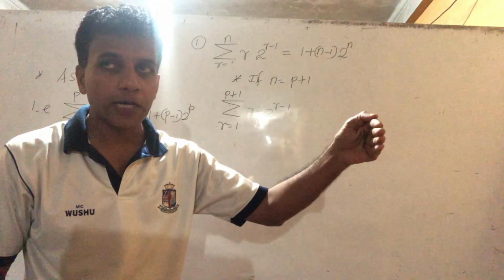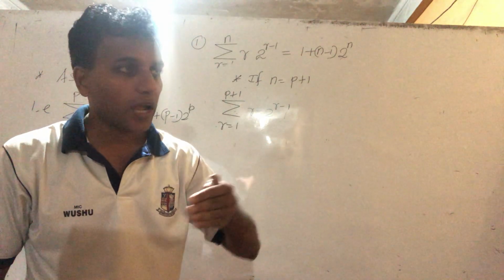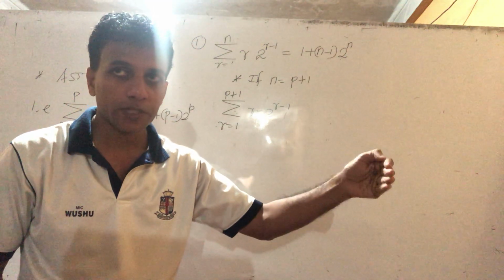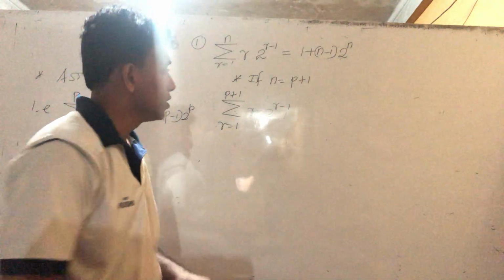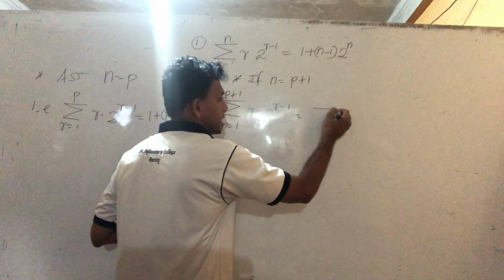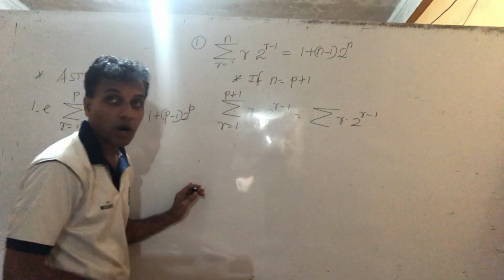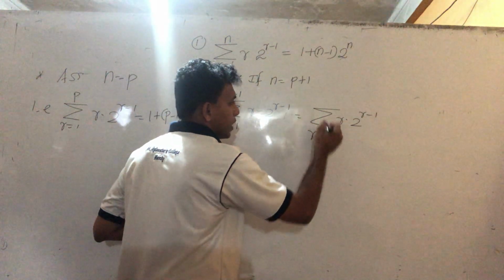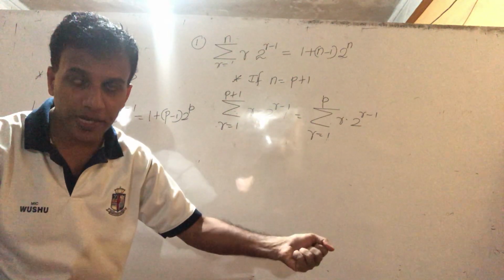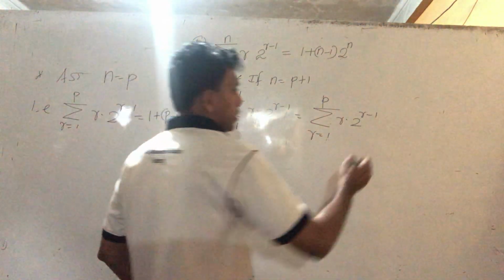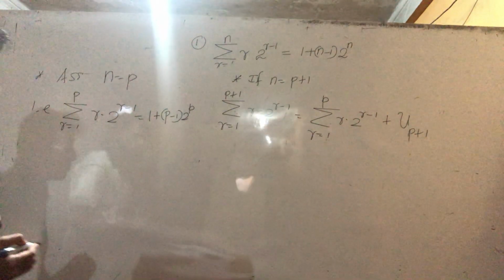If it is the sum of 100 terms, add up to 99 terms and add the 100th term separately. So can I write this form: sigma r into 2 to the power r minus 1, r equal 1 to p, add up to p terms and add separately the p plus 1's term.